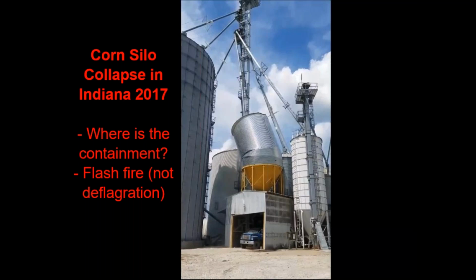And what you note is that this is outside. We'll often dismiss the combustible dust problems when they occur outdoors. Well, the reality is you may not have an explosion because you don't have containment. However, you are still susceptible to having flash fires, as this video will demonstrate.